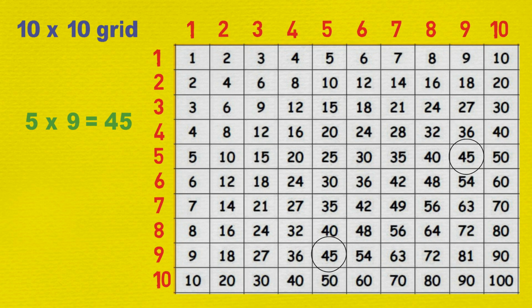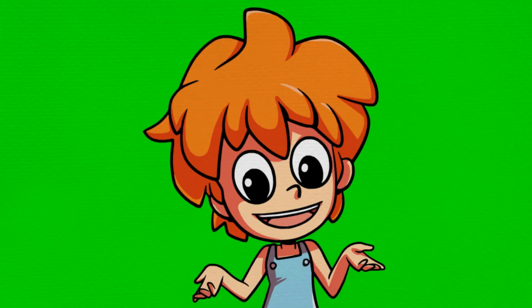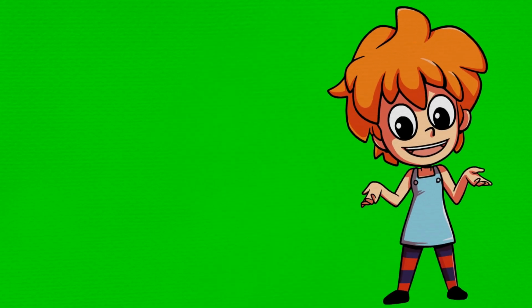After looking at it and using it for a while, she was keen to show her brother. "Look, Max, we can use this grid to find the product of any two numbers from 1 to 10. Finding the product means multiplying.